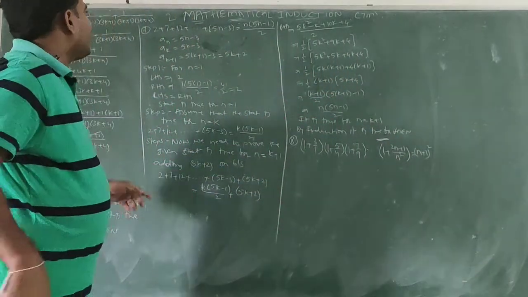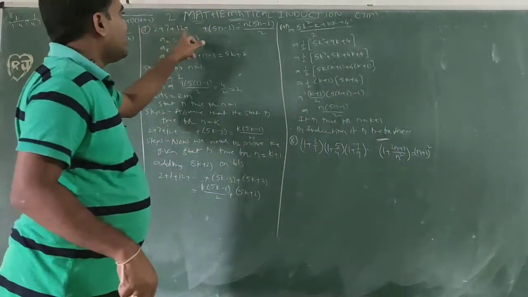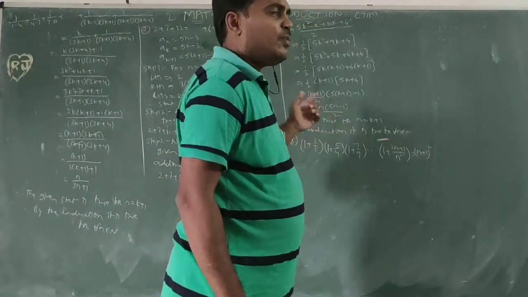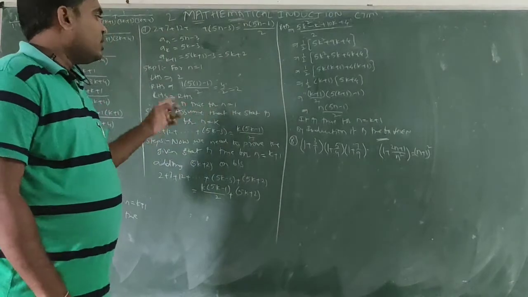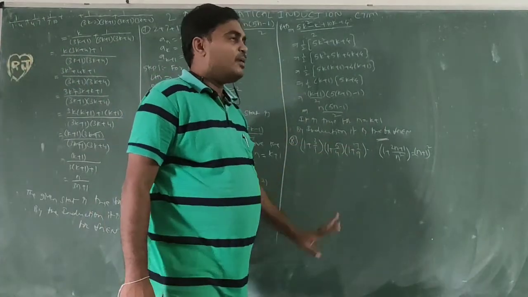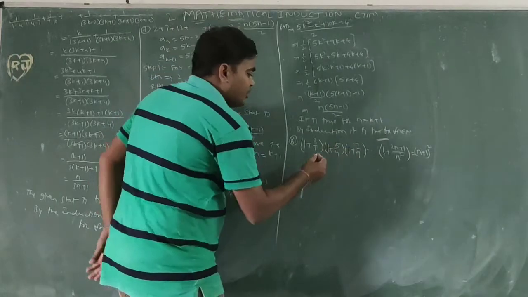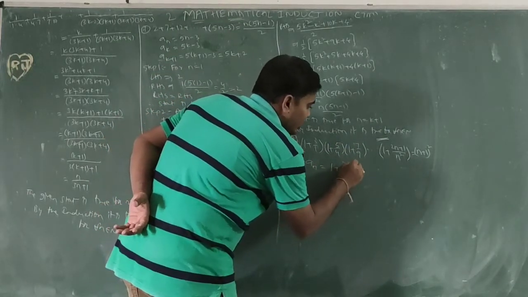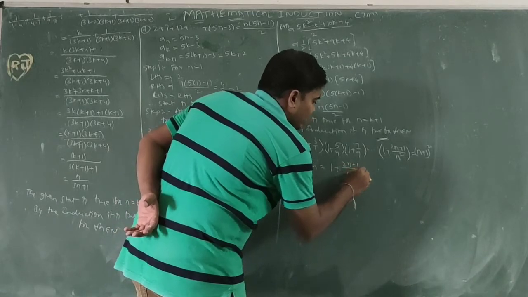So previously, in the previous questions, we were doing additions. Here all the terms are products. So previously we were adding the k plus 1 term. Here, since it is a product, we are multiplying. First, what is the nth term? a n equal to 1 plus 2n plus 1 by n square.